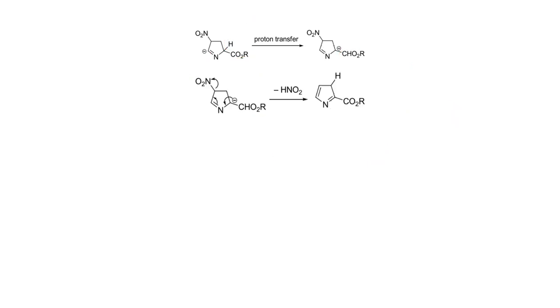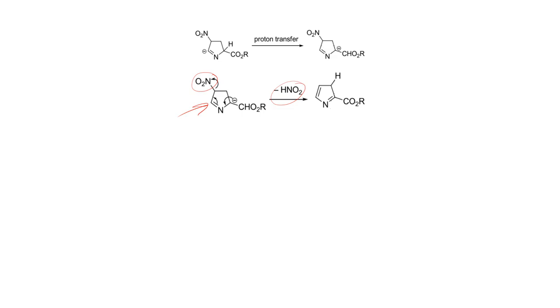And in the next step, this negatively charged species will donate its electron towards nitrogen atom, and the pi bond between nitrogen and carbon will break towards this carbon position, and then this negative charge will shift towards this carbon position if we talk about a step-by-step mechanism. And in the next step, this nitro group will be cleaved in the form of this.